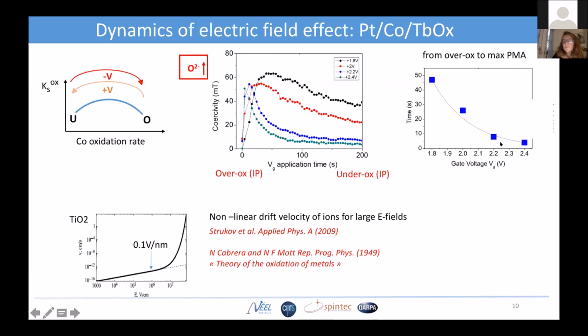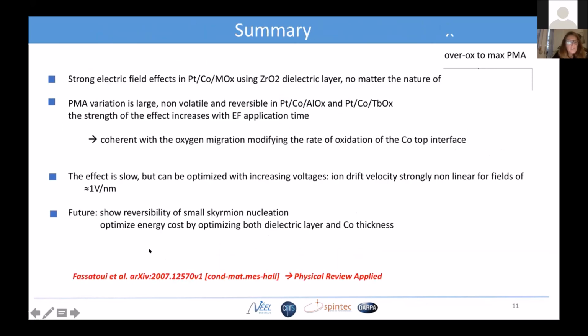So this is a sort of exponential variation of the switching time as a function of the voltage. This can be explained by the nonlinear drift velocity of ions that is expected for large fields. This was actually calculated recently in this paper for titanium oxide.